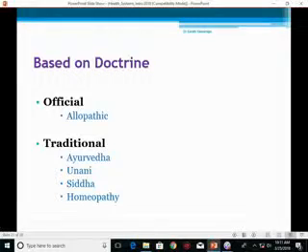Then based on the doctrine, the philosophy, we can classify all the health systems depending on the system of medicine practiced: allopathic, Ayurveda, Unani, Siddha, homeopathy, etc. So that is another classification of health systems, based on the type of medicine practiced.